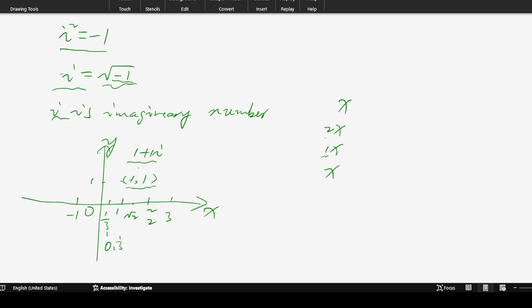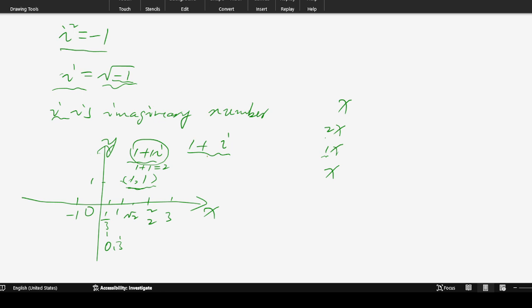For example, if we write 1 plus 1, we can get 2. But it's different here. It's not 2, it's a position. This position 1 comma 1 is different from 2. So you must write them together: 1 plus i. This is a number.